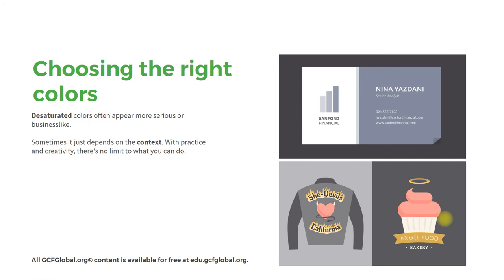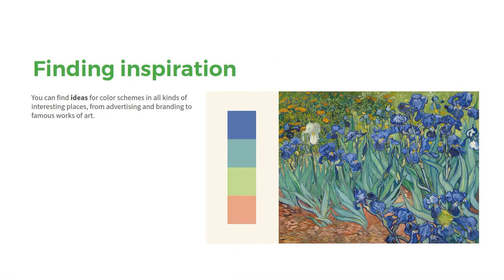Do you understand that? So finding inspiration, you can always find ideas for color schemes in all kinds of interesting places, from advertising to branding to famous works of art. By the time we get to practicals, you can just see how this famous artwork looks like an oil painting.